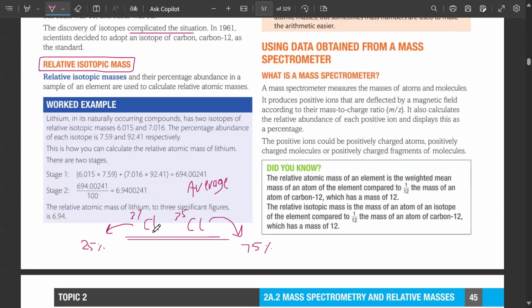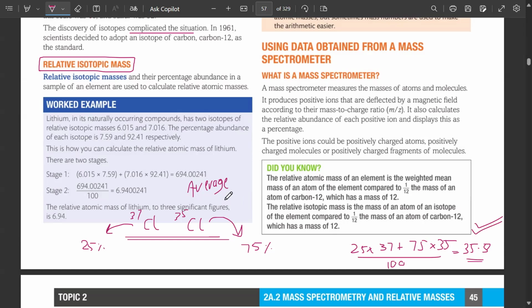And what did they do? They multiplied the abundance with its mass, 25 into 37 plus 75 into 35, divided by the sum of percentages, which is 100. And there came the answer, the average relative atomic mass, which is 35.5. And this was the one which was written in the periodic table.